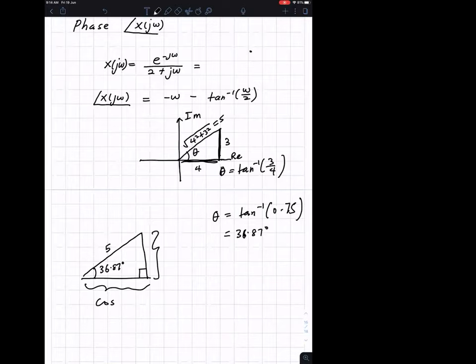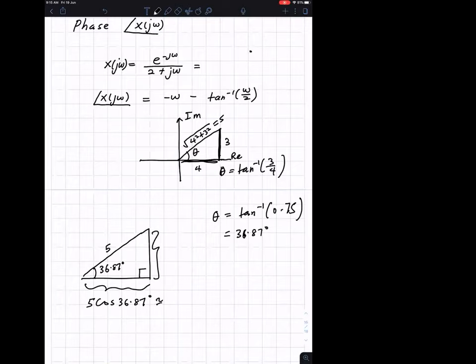So now if I want to find the horizontal length, it's going to be 5 cosine 36.87, right? Calculate that, please. 3.9999.